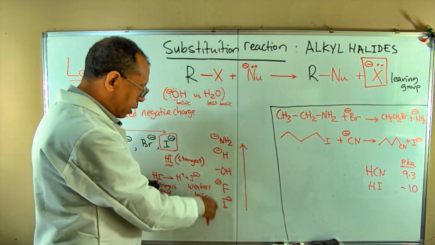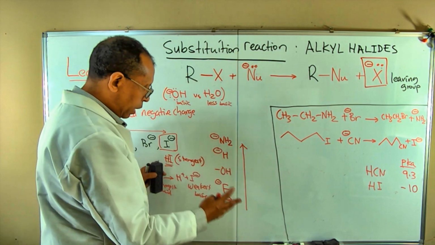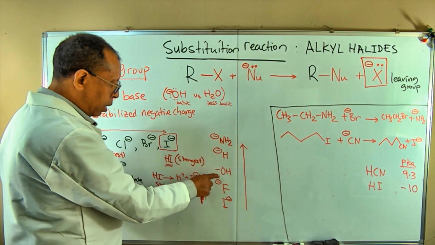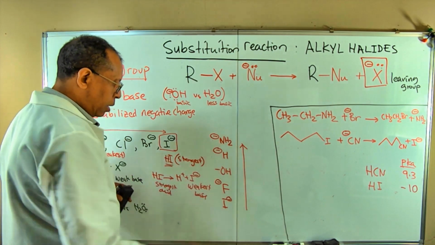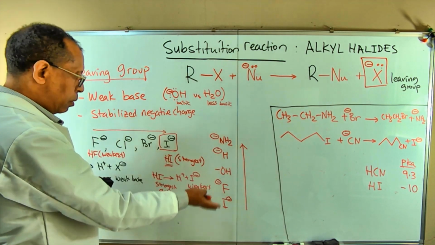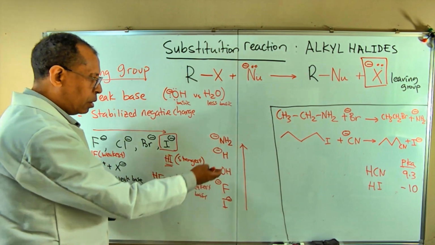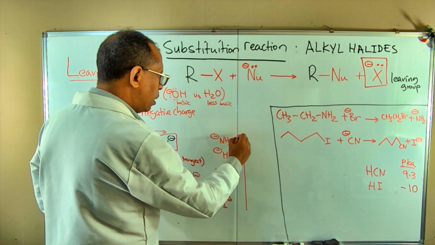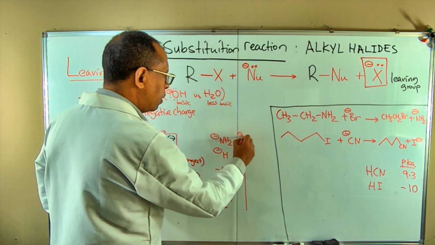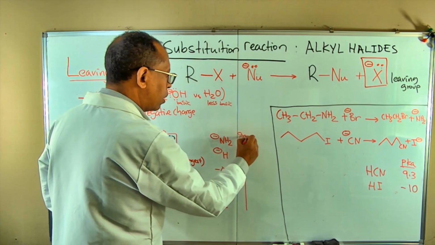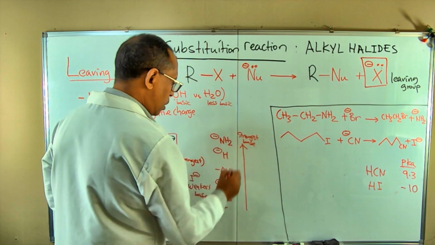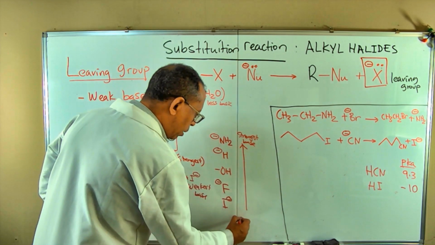So here I have a list of basic substances. You have amide, hydride, hydroxide, fluoride, iodide. So this is also one of the basicities. The basicity, of course, increases in this direction: the strongest base at the top and the weakest base at the bottom.